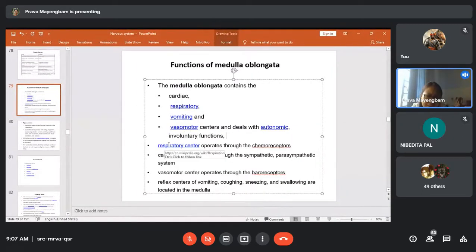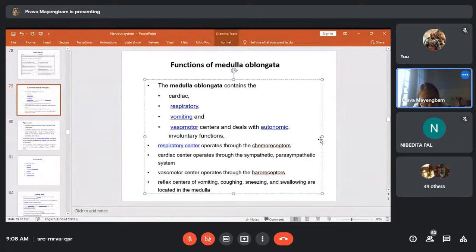So the respiratory center of the medulla oblongata operates through chemoreceptors. I told you about the chemoreceptors, right? The chemoreceptors are the receptors which sense fluctuations in chemical substances. One such example was the carotid sinus, the carotid bodies and the aortic bodies. I told you they are also baroreceptors, and they also act as chemoreceptors.